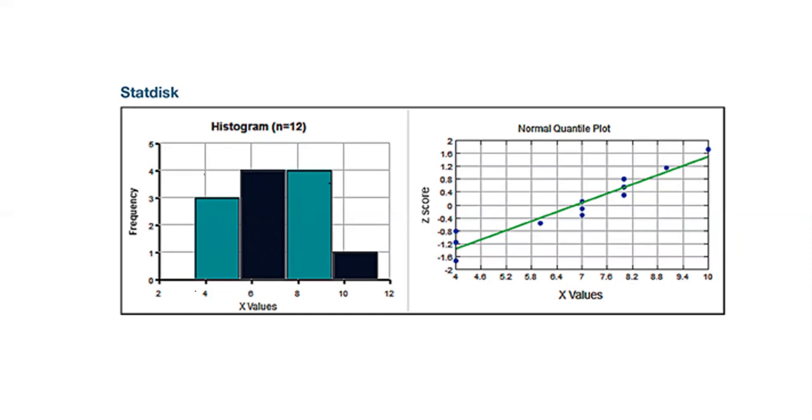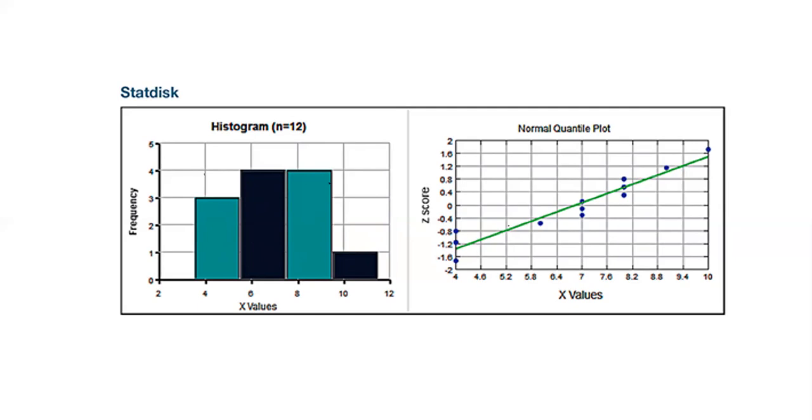So your histogram is X values and the frequency, right? So it's roughly a normal distribution, so it's not too deviating. And if you also look at the normal quantile plot, which is the normality test, it is X values versus the Z score, right? We saw this in the confidence interval chapter in that video. So if you want to check back on that, you could do that too.